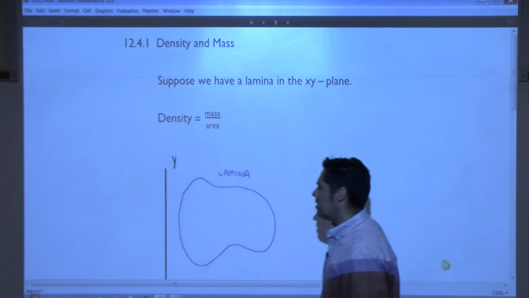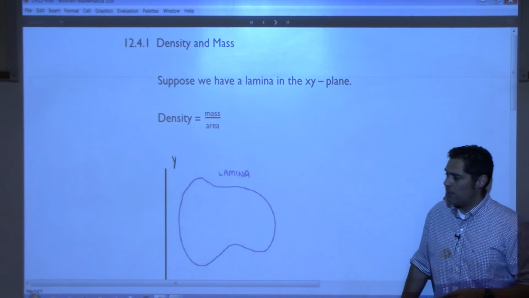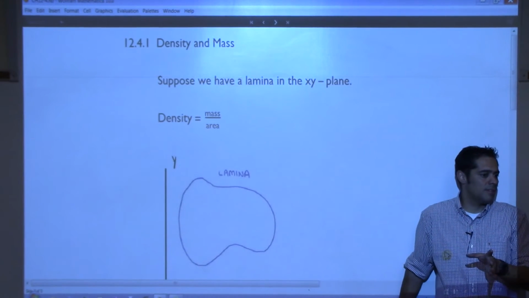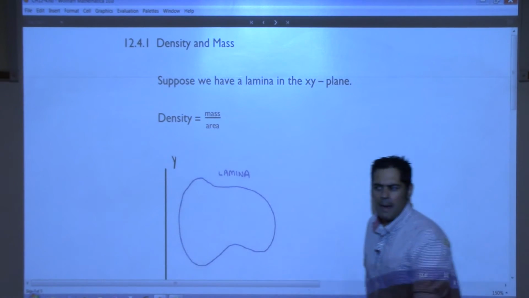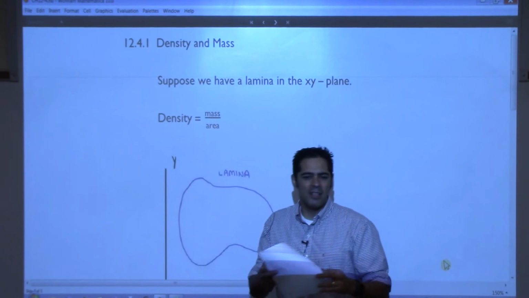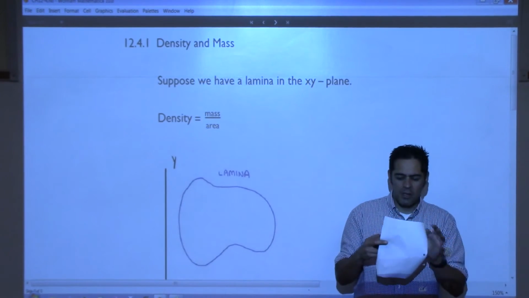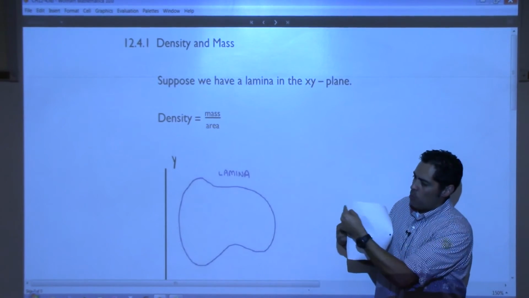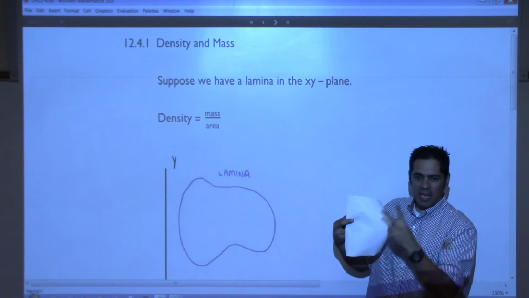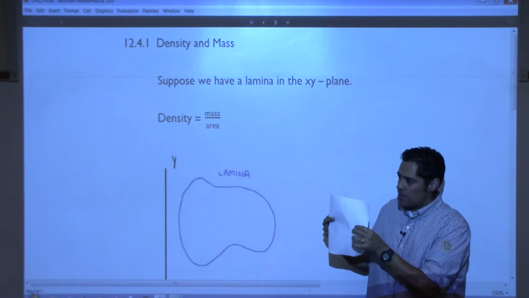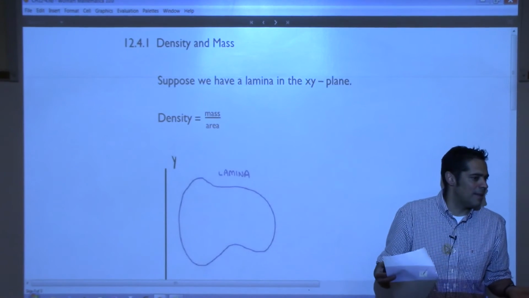So what we deal with in terms of laminas are what are called homogeneous laminas, which are laminas like a sheet of paper, where we assume basically the density is always the same. If you cut out a 1 inch by 1 inch square from anywhere here, take two of them, and weigh them, they should weigh about the same, right?